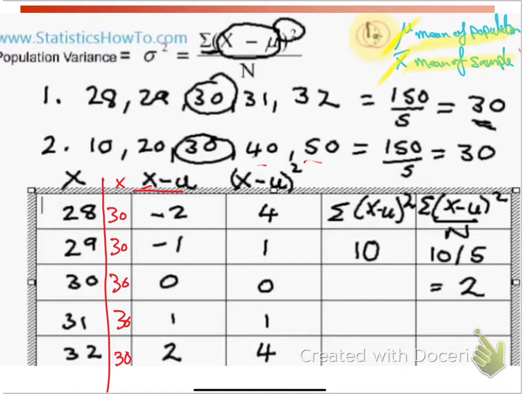That's the only difference between them. So we can put here mu or x bar. It doesn't matter, but you have to make sure that you are using sample or population.